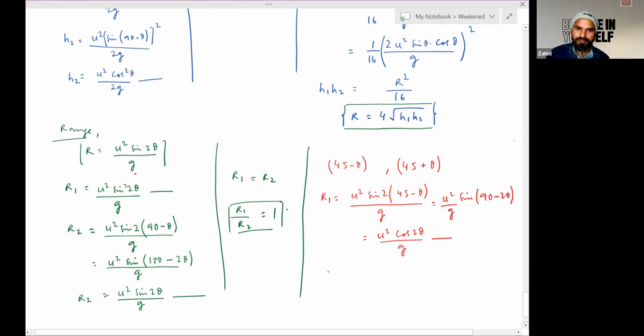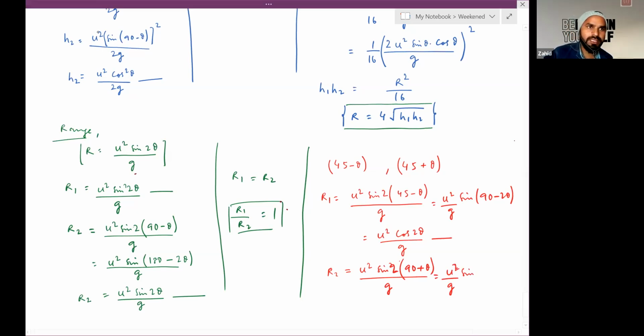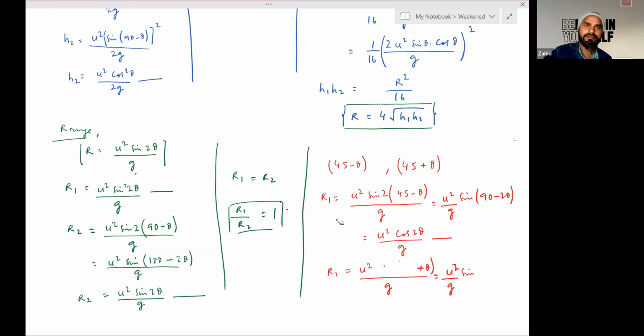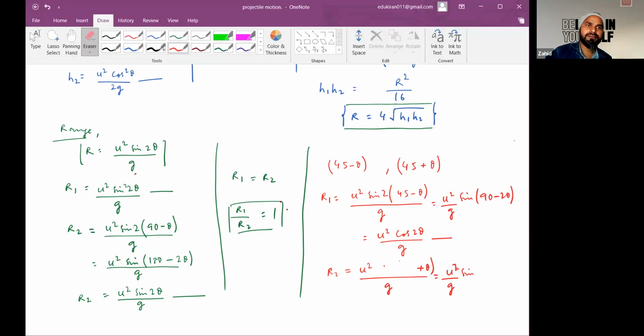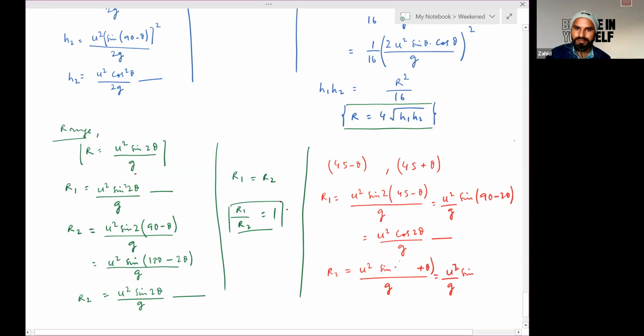Similarly, for the second angle, R2 will be equal to u squared divided by gravity times sine of 2 times (45 plus theta).